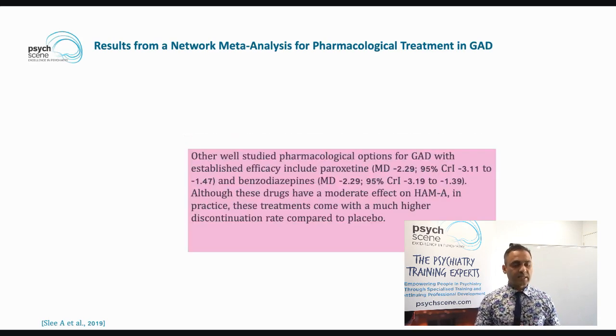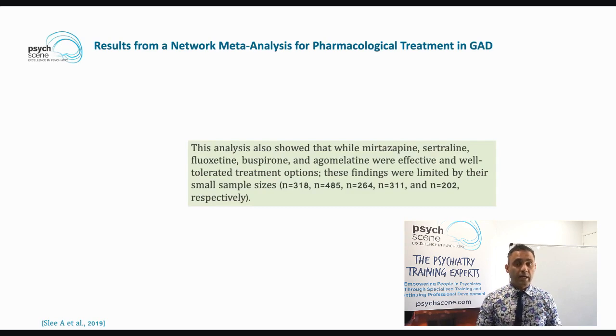Other well-studied pharmacological options for generalized anxiety disorder with established efficacy include paroxetine and benzodiazepines. However, these treatments come with a much higher discontinuation rate compared to placebo. So that's one of the challenges with these medications, and discontinuation often might happen due to side effects. The analysis also showed that mirtazapine, sertraline, fluoxetine, buspirone, and agomelatine were effective and well tolerated.